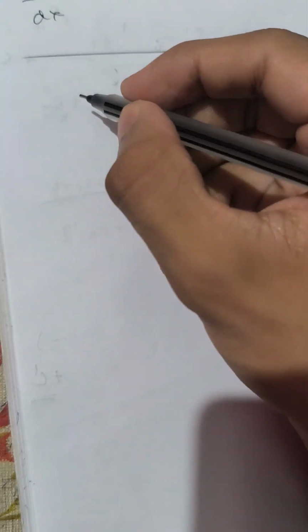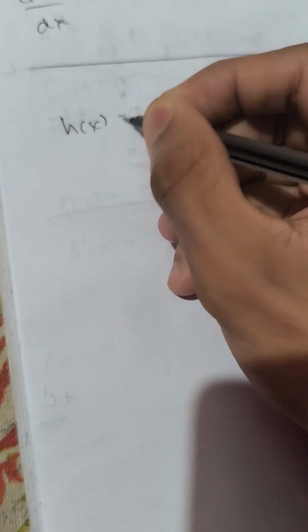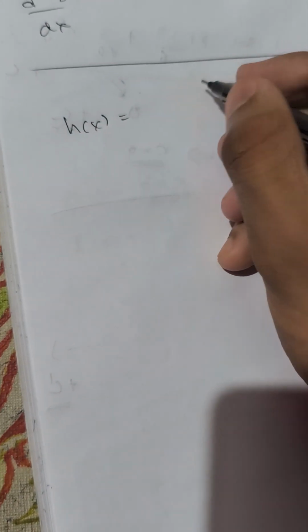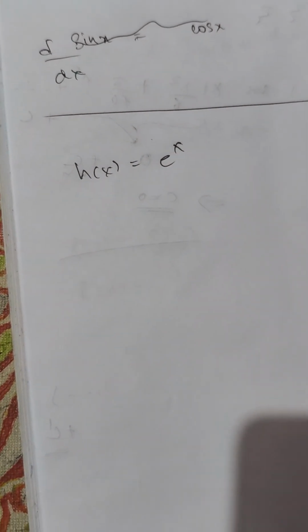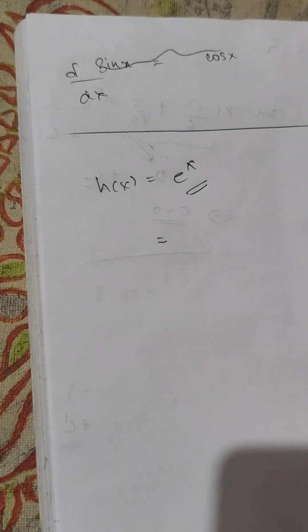So again, let me take this function. This is e raised to x, right? This is the function that we need. We know that this is an exponential function, right? So I'm going to express this in terms of exponents and different degrees.